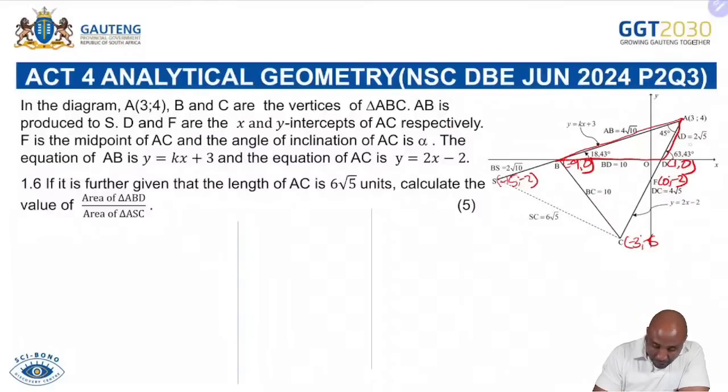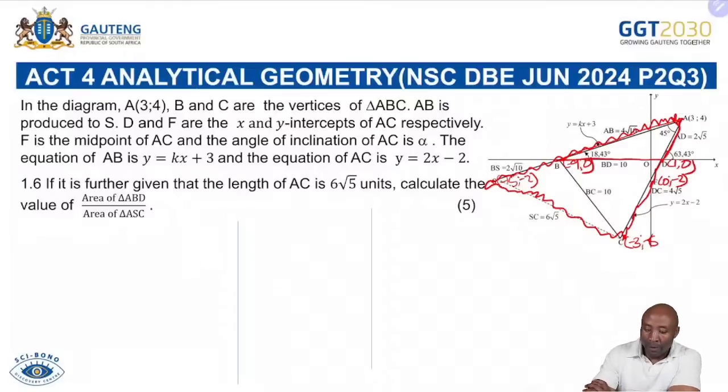Our triangle ASC, I'll use wavy lines for it so that you are able to see it. We have two triangles, and if you check, the triangles share a vertex A, so there is no perpendicular line which is common, so we'll use the area rule.